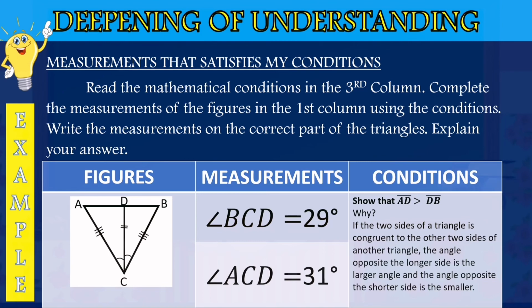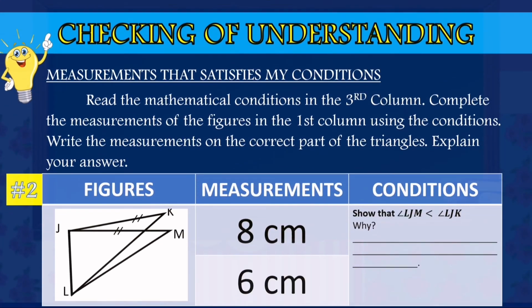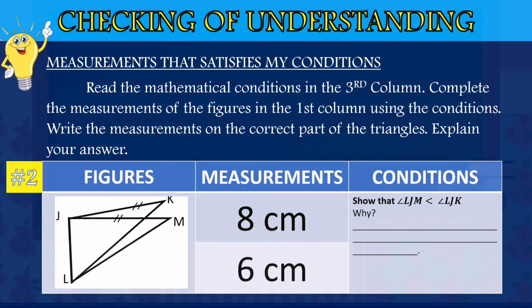Now, this is your time to answer some questions. So perform this one. We have number 1. Show that side HI is less than side GH using the angles 45 degrees and 46 degrees. Okay, next. Number 2. Show that angle LJM is less than angle LJK.